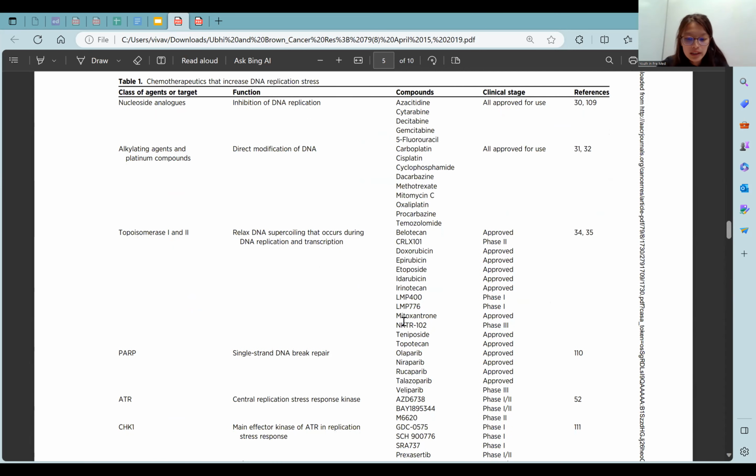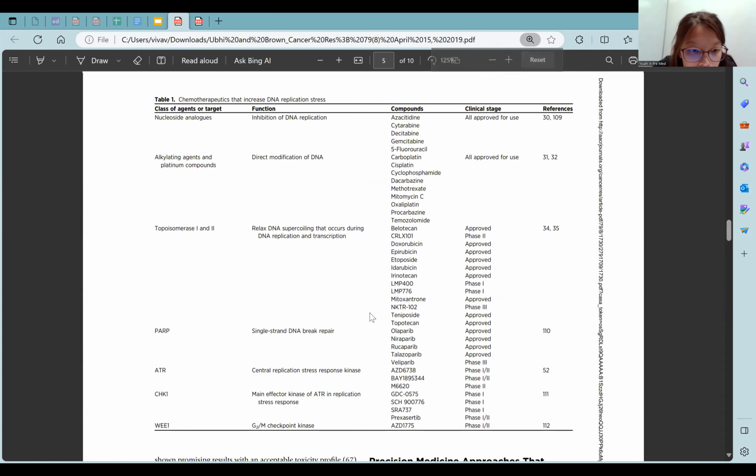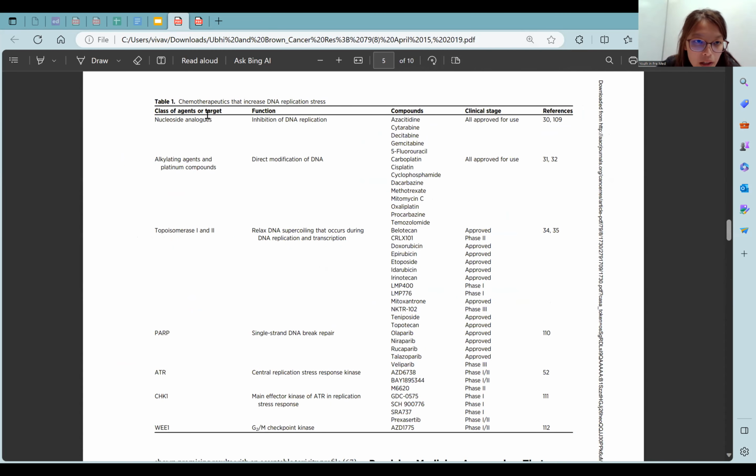This is a table, not a diagram, but it talks about the different targets and agents and their function. I found this to be somewhat helpful, and it directs you to the different references, and it also tells you whether these drugs have been approved or how far along in the process they are in getting approved.